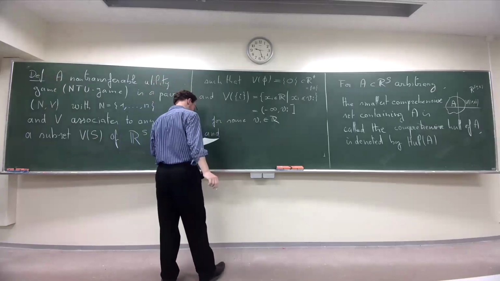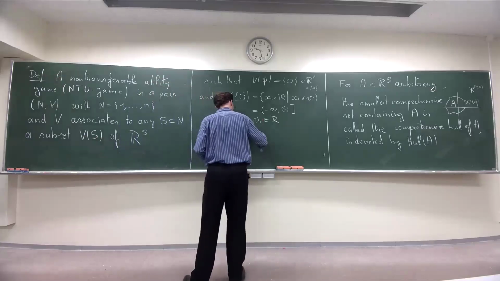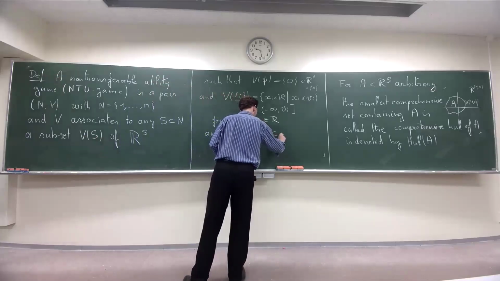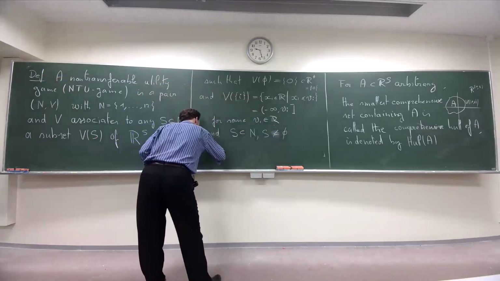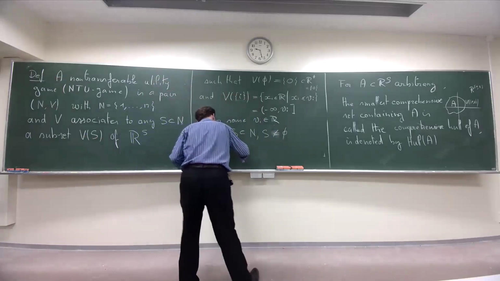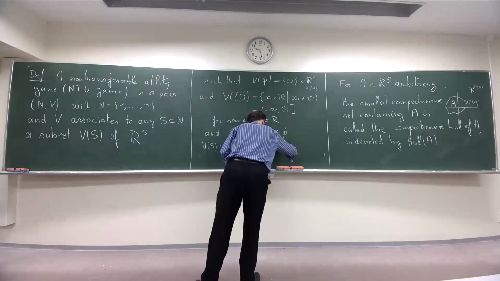Okay. And one more condition. For any other S in N, S not the empty set, V of S is non-empty. I don't want to have the empty set.